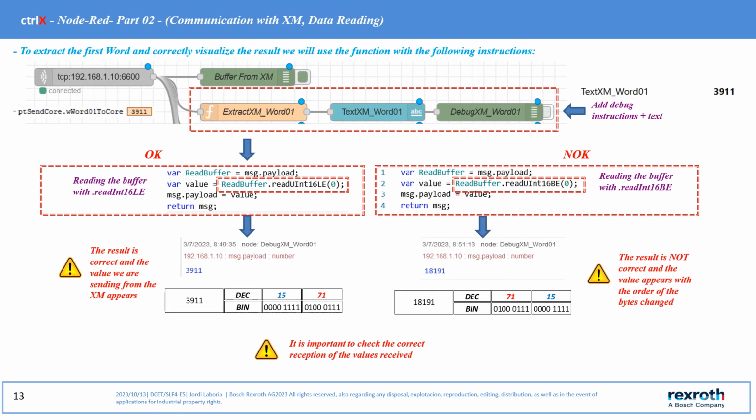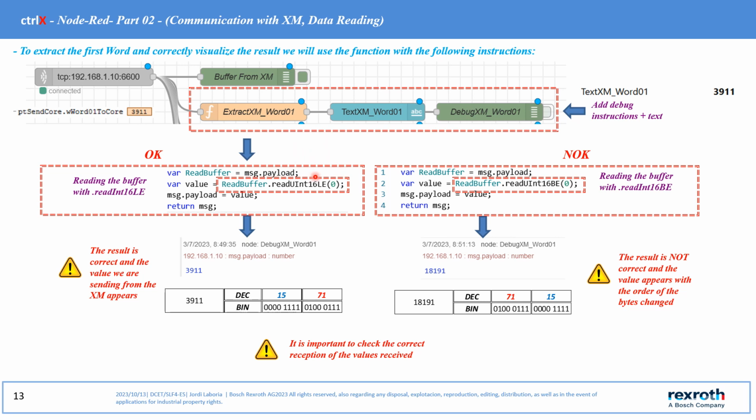For the extraction of the value arrived from the first word of XM, we will do it as follows. In this case, we are interested in extracting a 16-bit register in Word format. As we can see, we can do it in two ways, although only one of them allows you to choose the selected offset in the correct order.